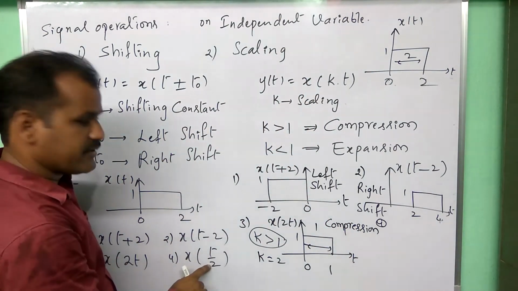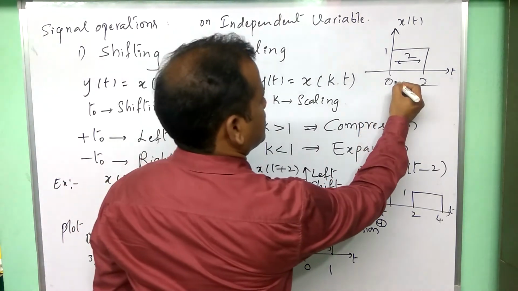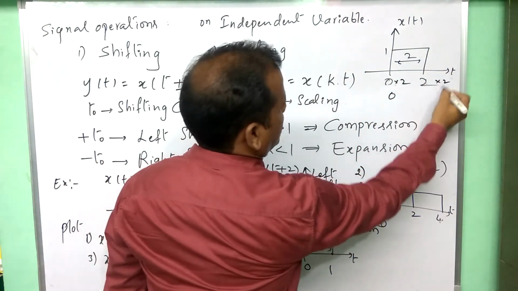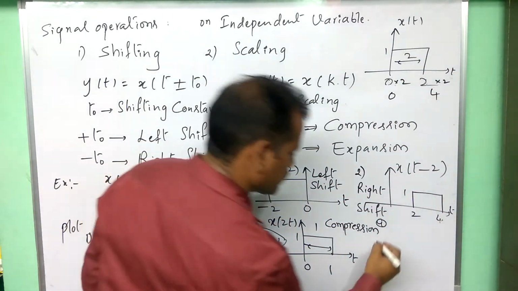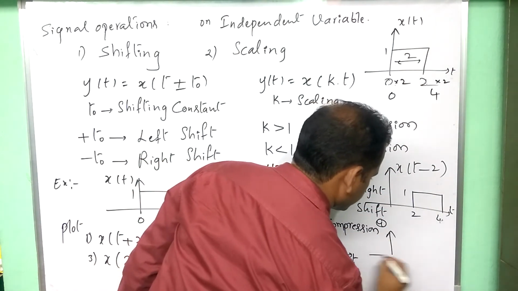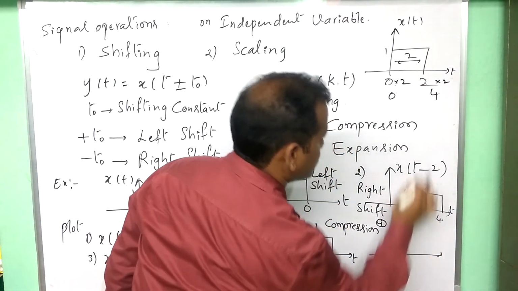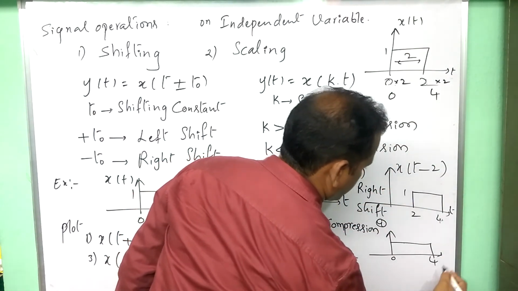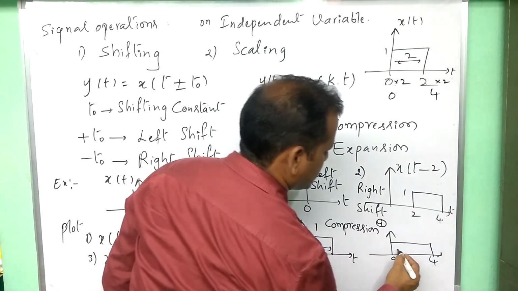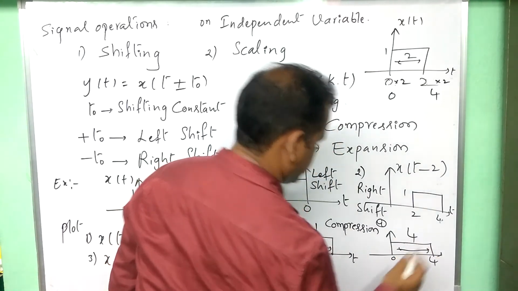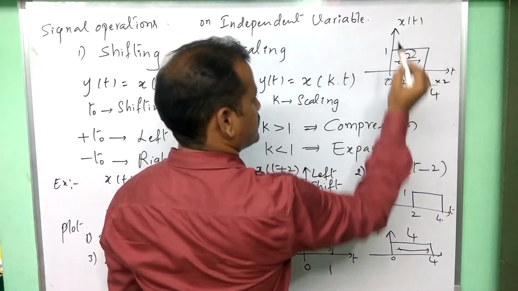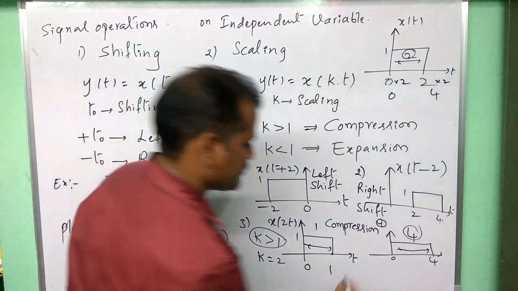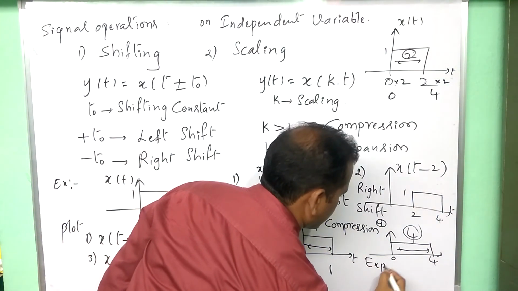T is divided by 2, so each instant is multiplied by 2. The starting instant is 0 and the last instant is 4, so the signal is from 0 to 4. The width of the signal is 4, whereas initially the width is 2. So the signal is expanded. This is the expansion of the signal.